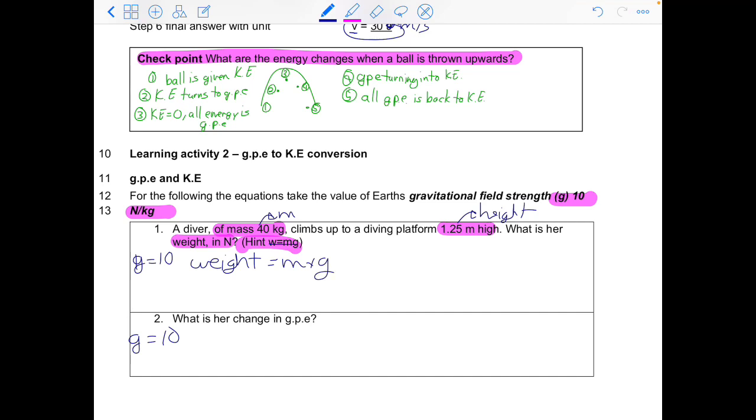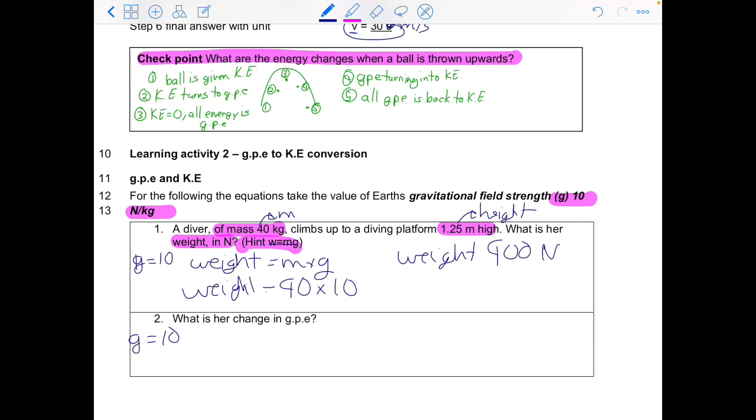We plug in our values. We don't know our weight. We know our mass is 40, and we know our G is 10. So her weight is 400 newtons. So we know her weight.